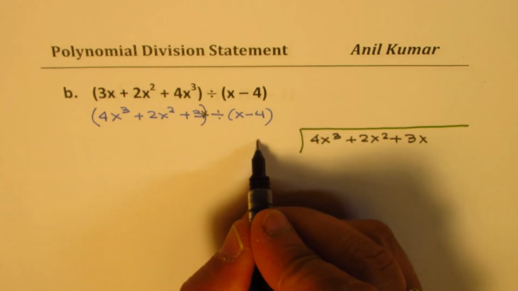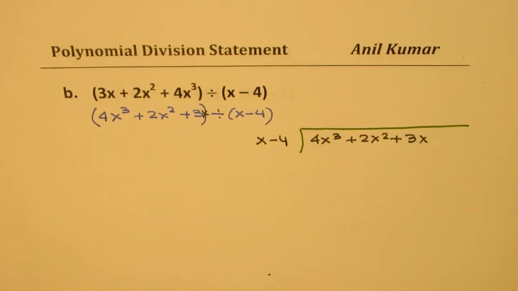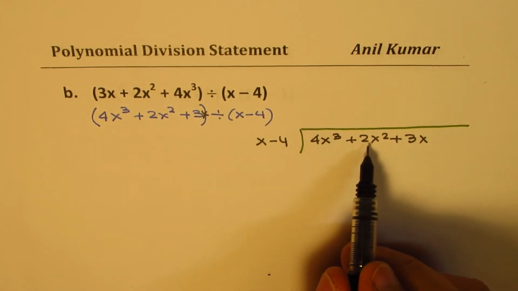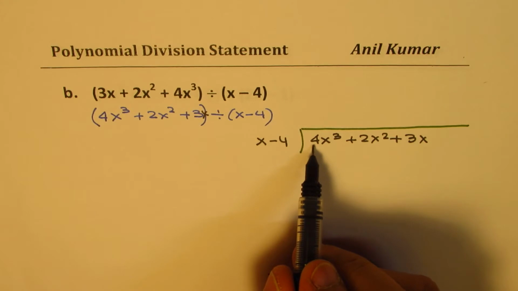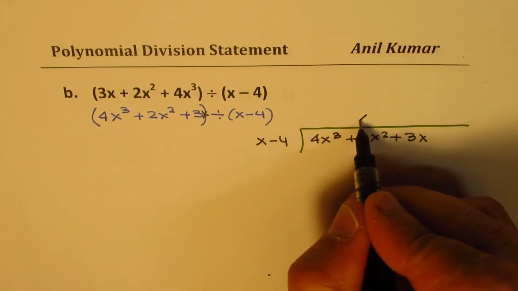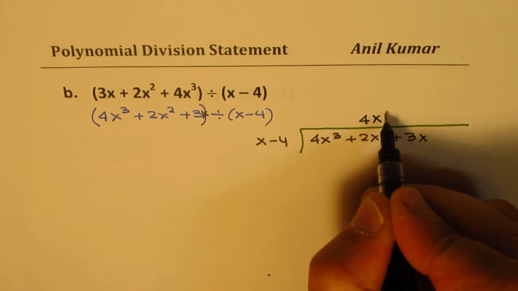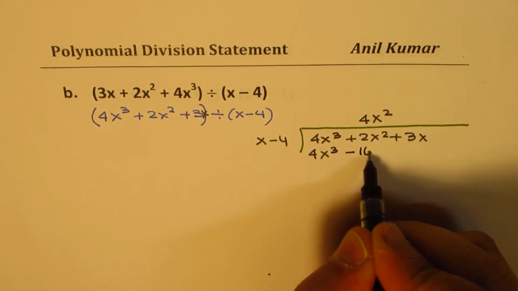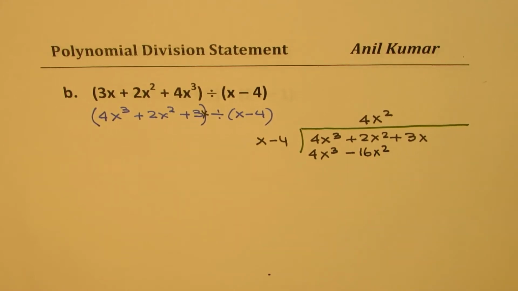We have x minus 4 as our divisor. Since we are dividing by two terms, we'll engage the first two terms. We need to multiply by 4x squared to make this as 4x cubed. So in the quotient, we get 4x squared. So that should be 4x cubed minus 16x squared. Now take away.